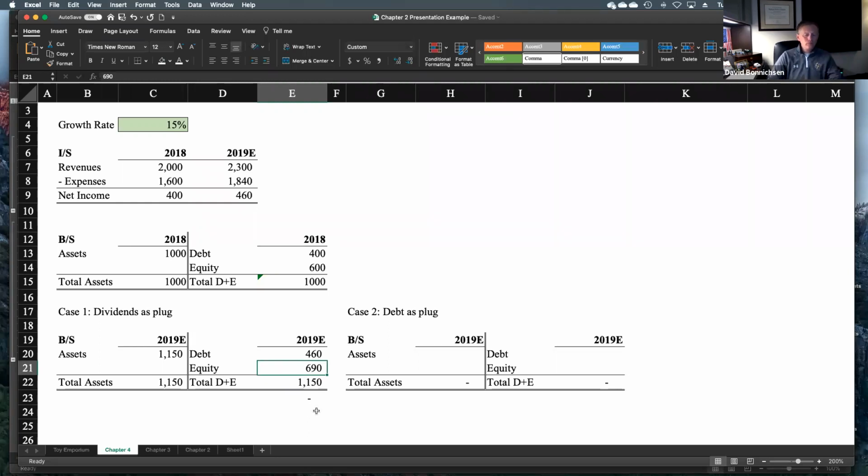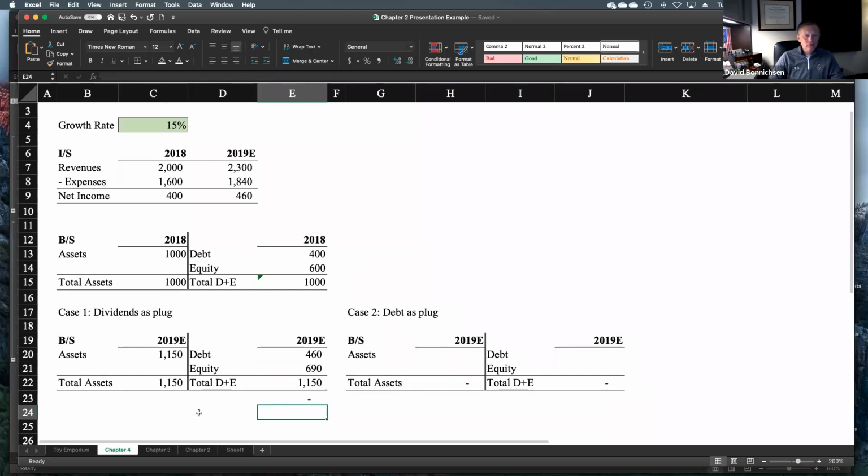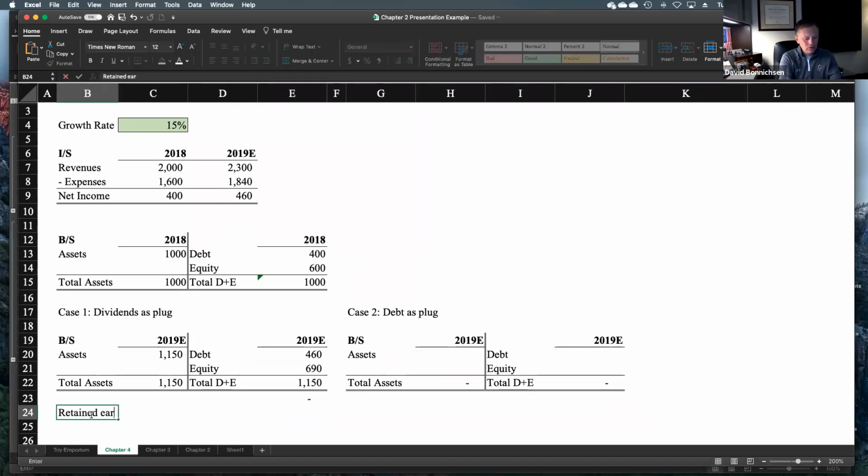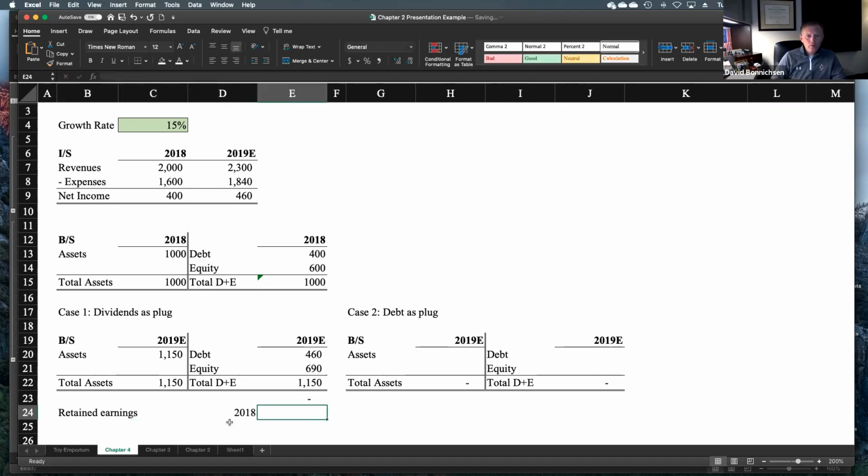When we look at retained earnings in 2018, we started with 600. We ended 2018 with 600, and then we added to retained earnings within our operations estimate for 2019.